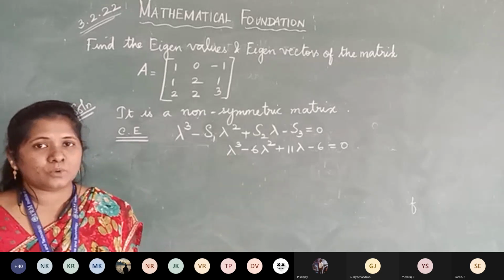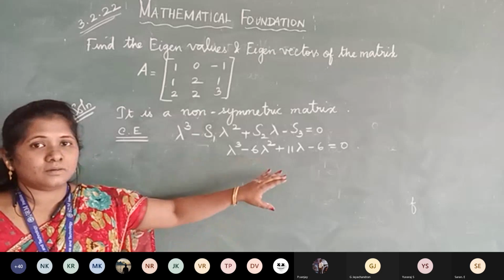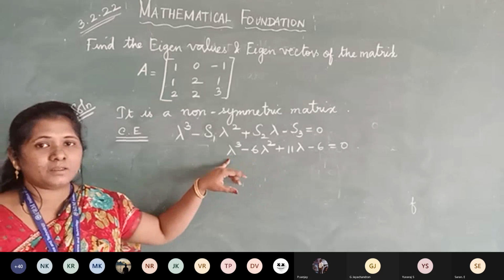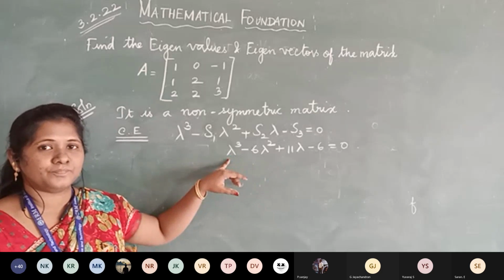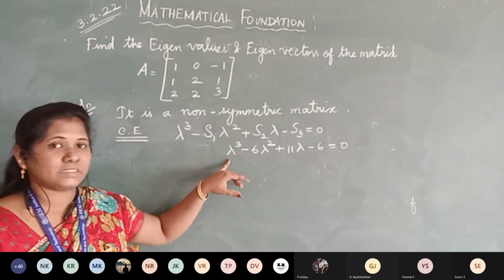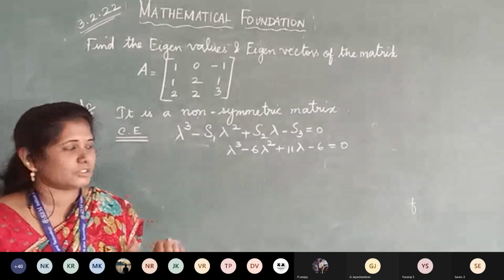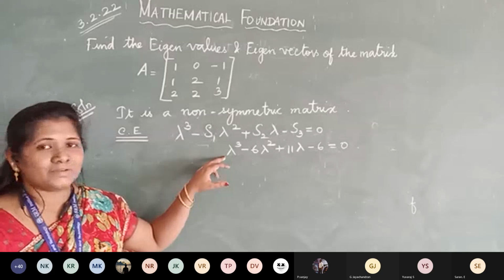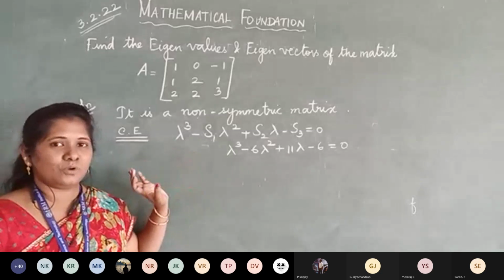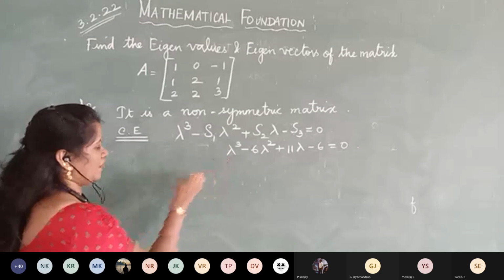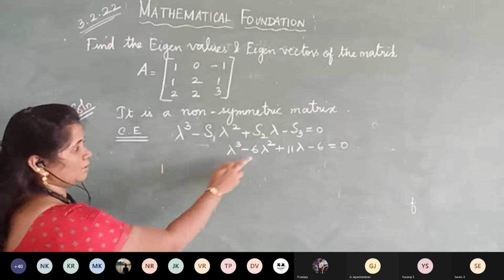One way is to solve it directly by long division or synthetic division. I will try synthetic division. I will start with the coefficient of lambda cube, which is 1.